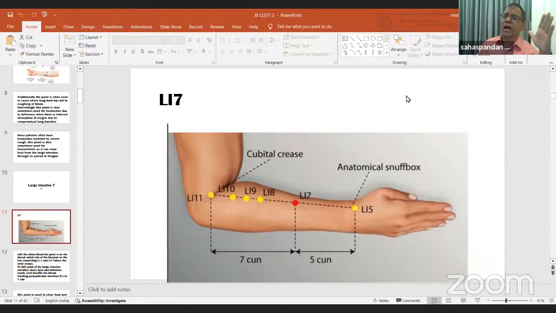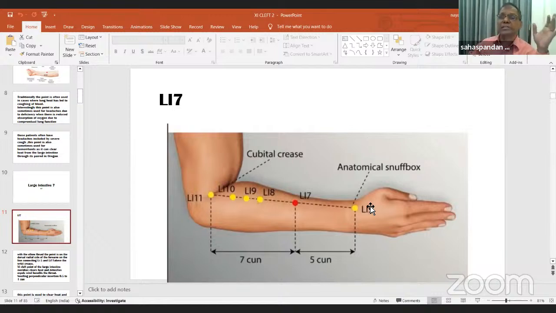With the elbow flexed, when you slightly bend the elbow, the point is on the dorsal radial side of the forearm, on the line connecting LI5 to LI11.